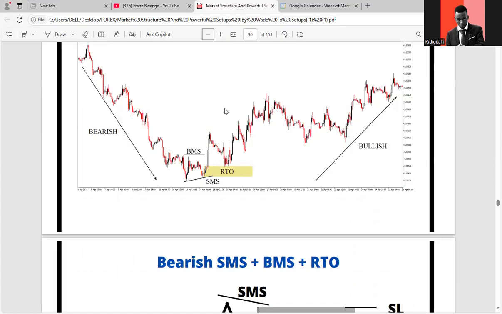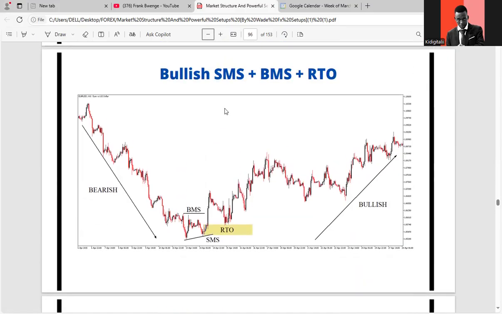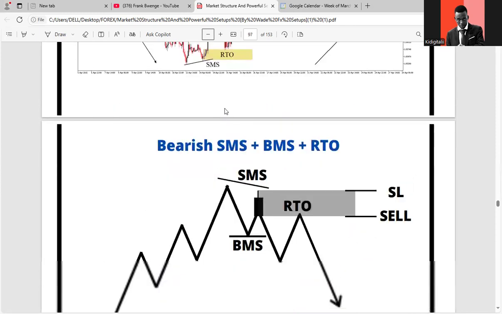So bullish, let's talk about bullish SMS, shift of market structure. You can see it creating lower highs, then it broke BMS, it was creating higher lows, then you can see it broke the high BMS and started creating higher highs. We could wait just for RTO to enter in these trades.